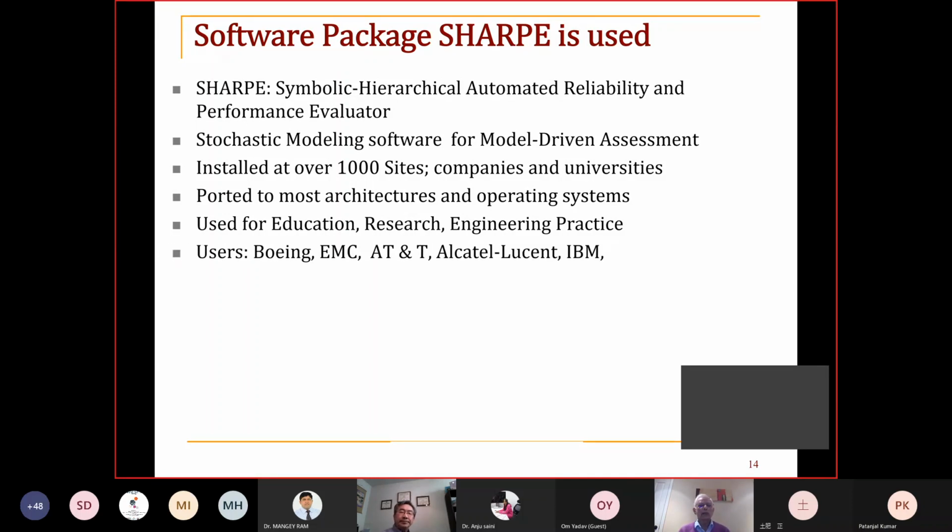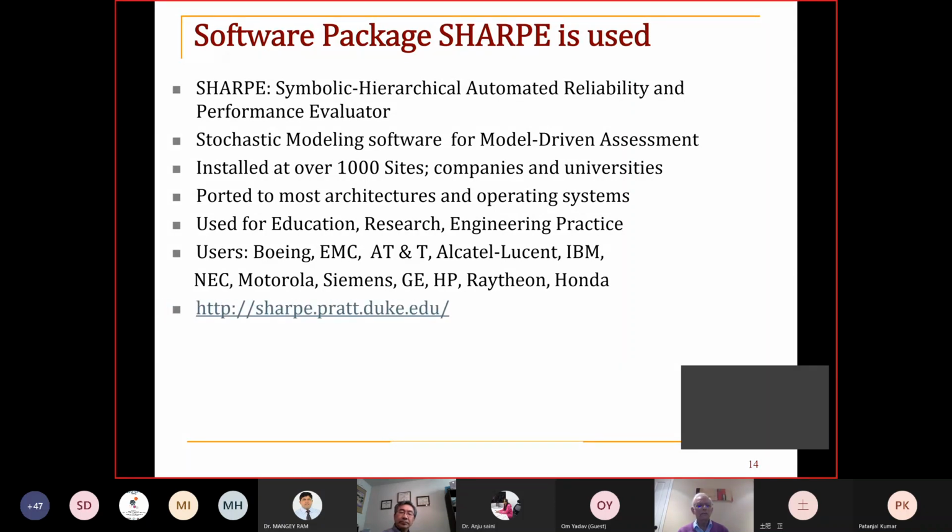Some of the users company-wise: Boeing, EMC, AT&T, Alcatel, Lucent, IBM, NEC, Motorola, Siemens, GE, HP, Raytheon, and Honda in Japan. And this is the site from which people can download information about it. It forms the core of Boeing's internal tool, which I helped them develop, called IRAP.